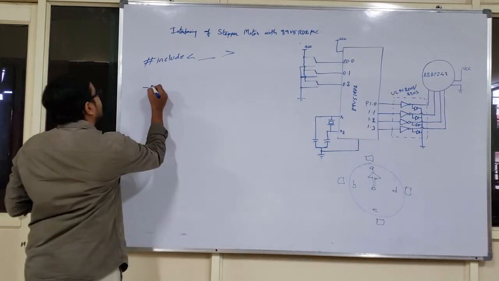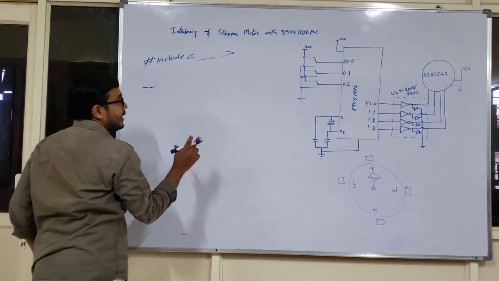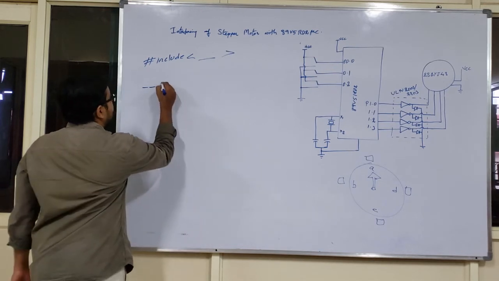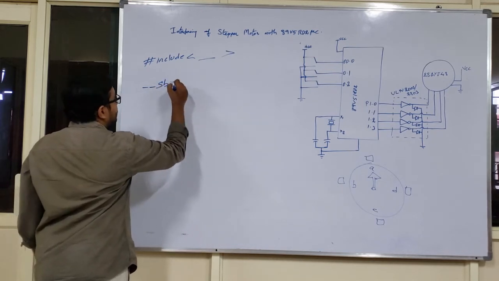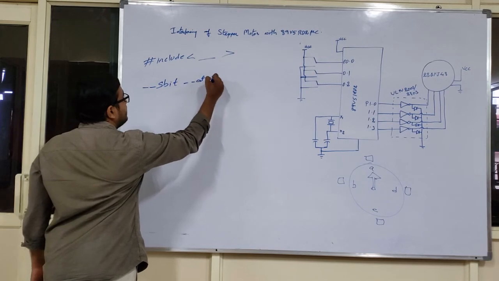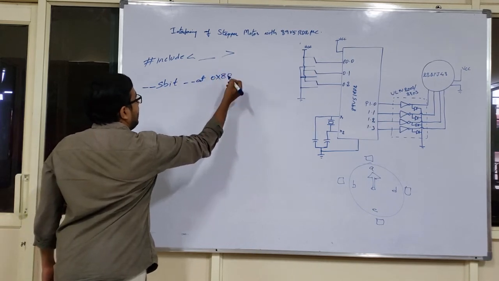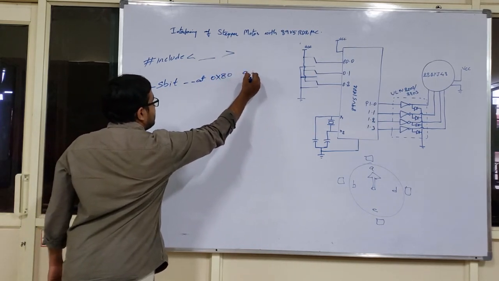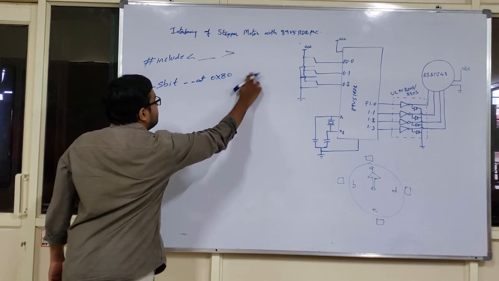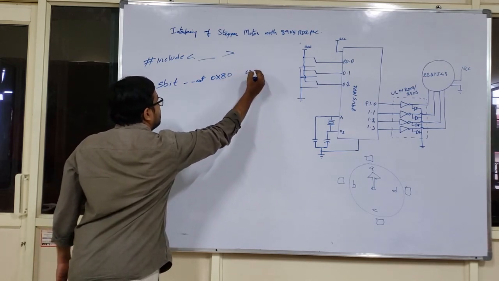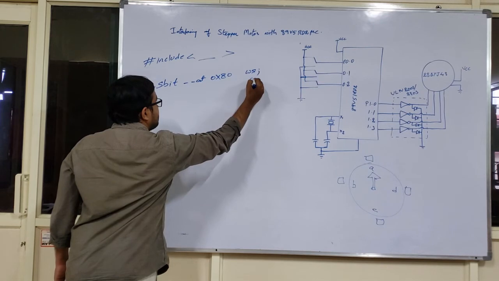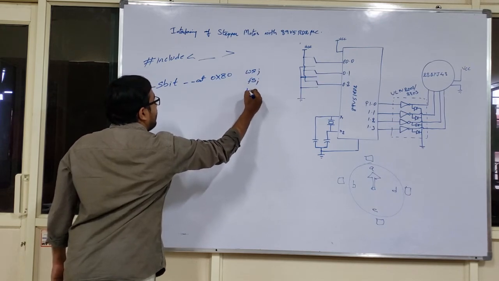Let me give some names for those 3 sub switches. I am using port 0 S bit at 0x80, and this sub switch is wave step, and the next sub switch is full step, and the next is half step.